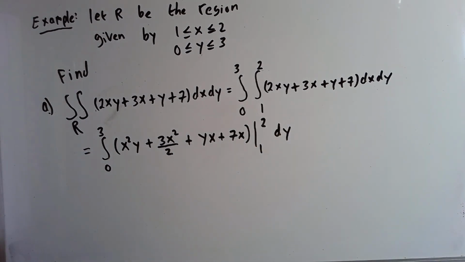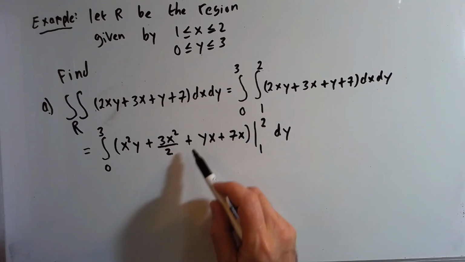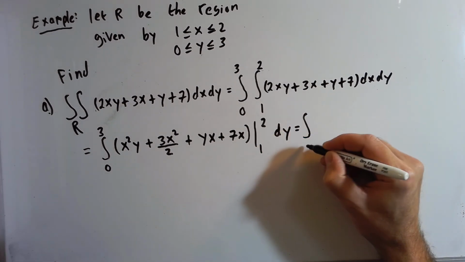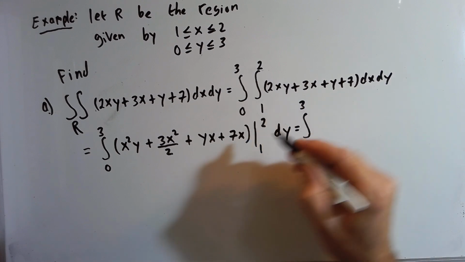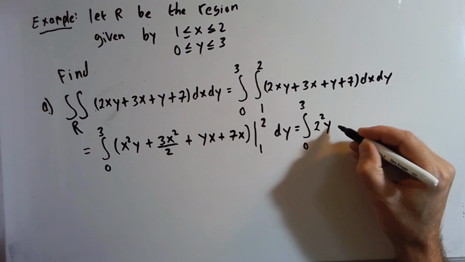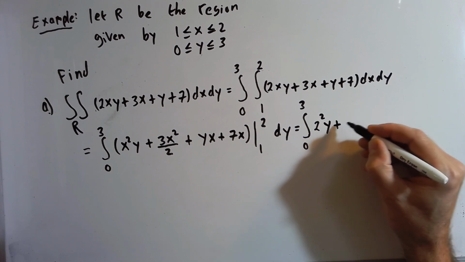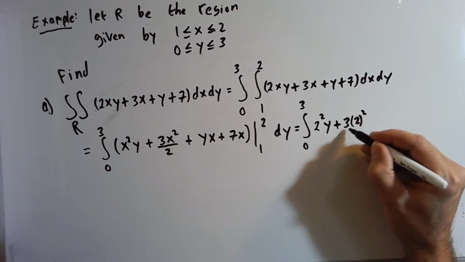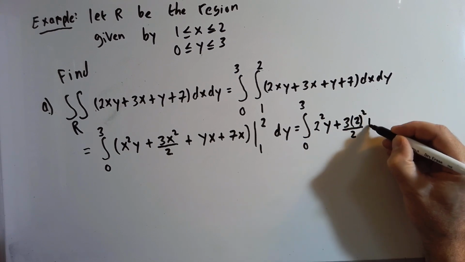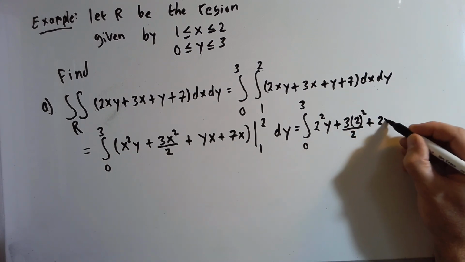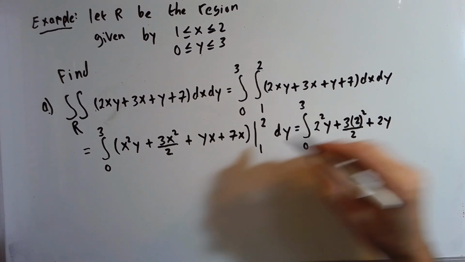Okay. So we're going to put 2 in place of x everywhere, and then subtract, putting 1 in place of x everywhere. So we then have the integral 0 to 3. Putting 2 in place of x, it will be 2 squared y plus 3 times 2 squared over 2 plus 2 in place of x will be 2y, and 2 in place of x here plus 14.